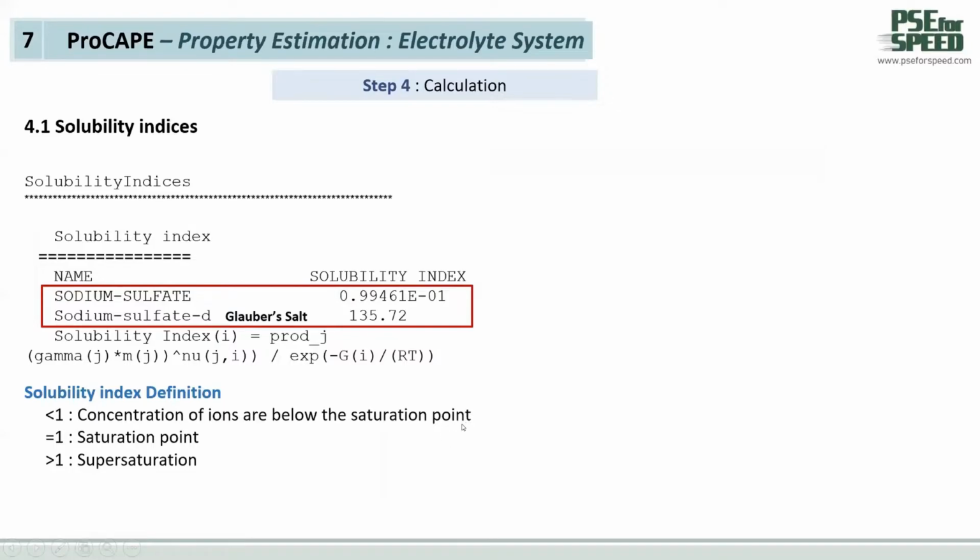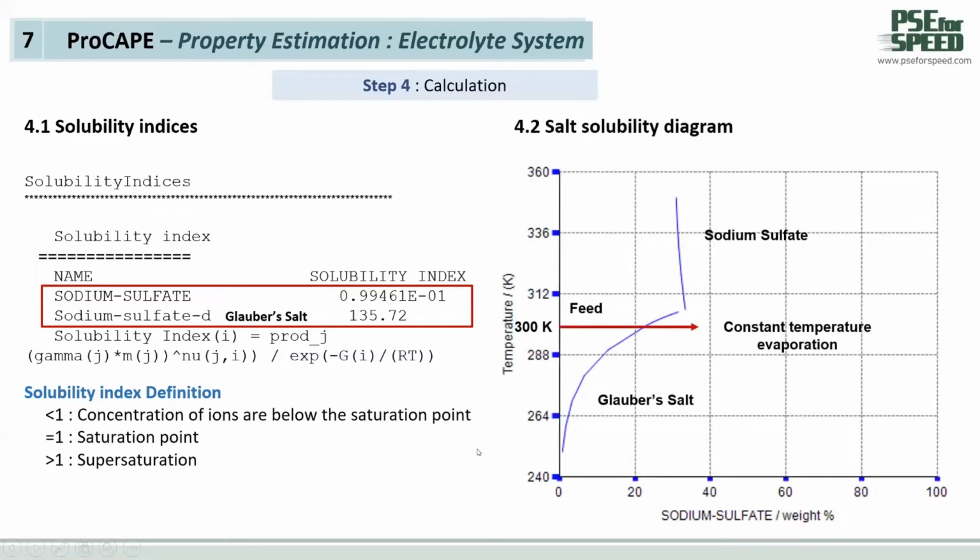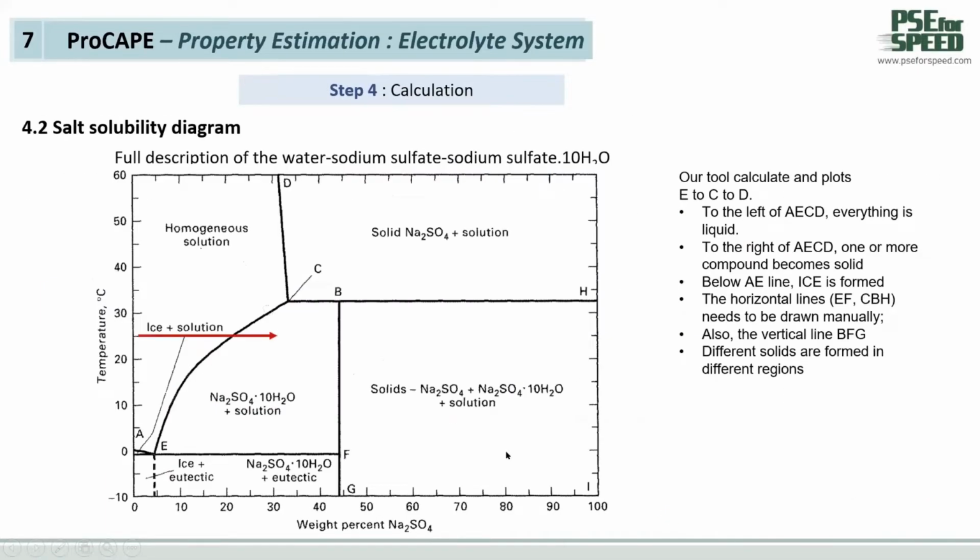The solubility indices show the glucose salt has already formed crystals. So if the temperature is reduced a bit, it will precipitate. The salt solubility diagram indicates which point can give the glucose salt as a pure solid. You can further draw the line to complete the phase diagram, and you can get this picture for the whole system.